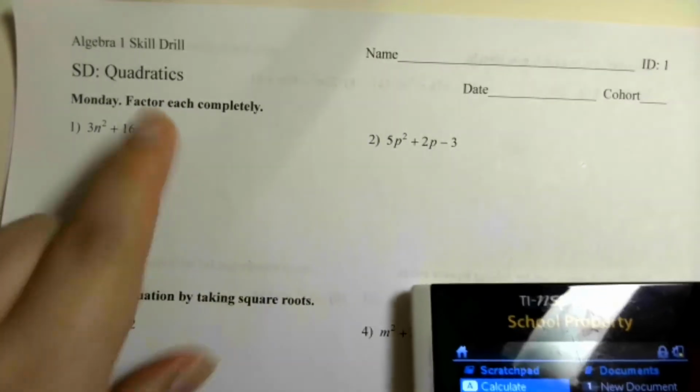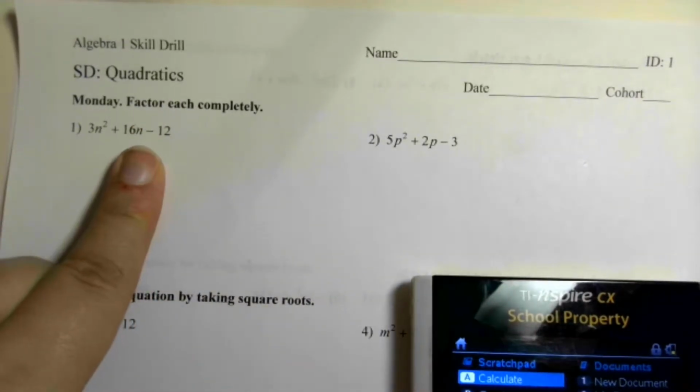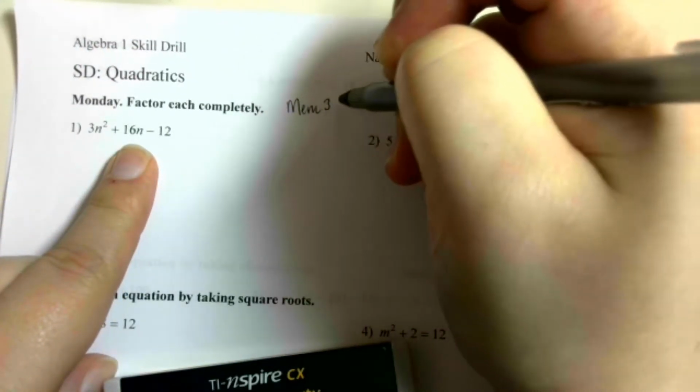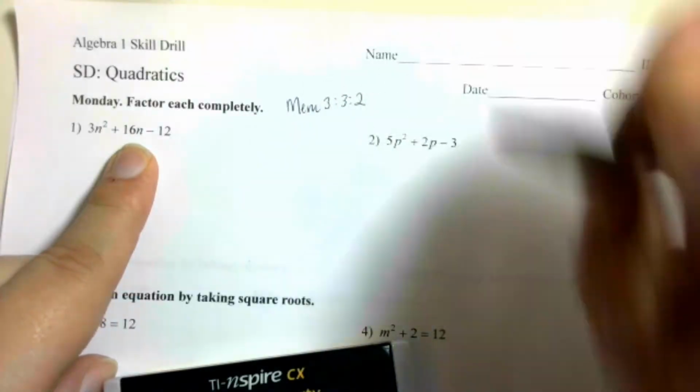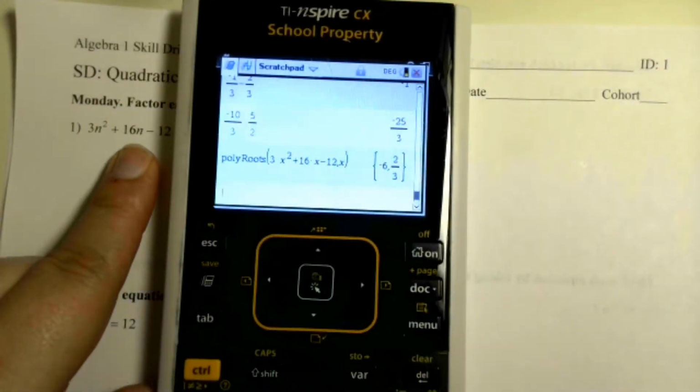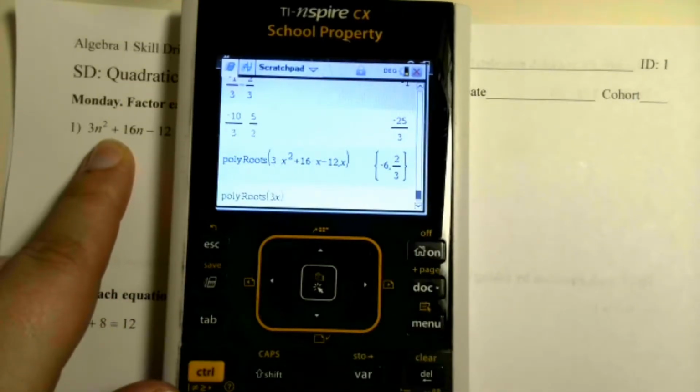Okay, so whenever we're factoring a polynomial, this is going to be menu 3, 3, 2. So I'm going to go into my regular calculator. I'm going to say menu 332. I'm going to put in my equation.